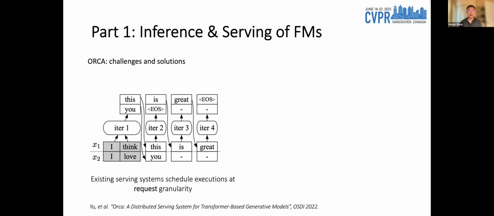And for the X2 generation, the "I love you" case takes just 1 step of decoding, or 2 steps including the end token. Usually the system is designed at request granularity. That means in this specific example, the decoding of X2 will be blocked by the decoding of X1. Even if the user's request needs to decode only 1 token, it will be batched with another user's prompt and be blocked.